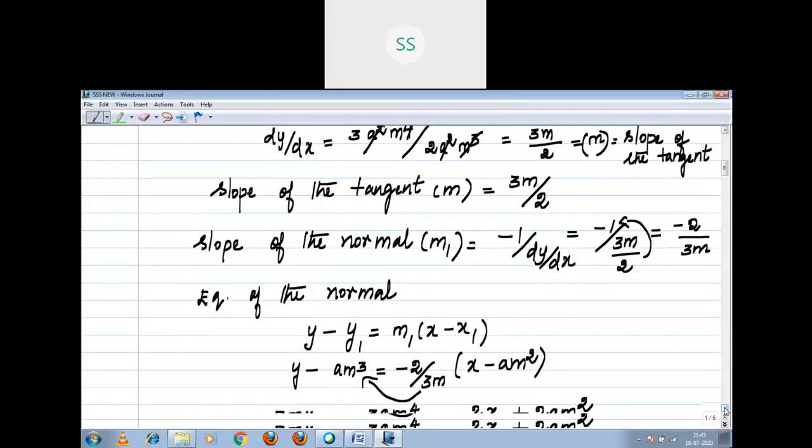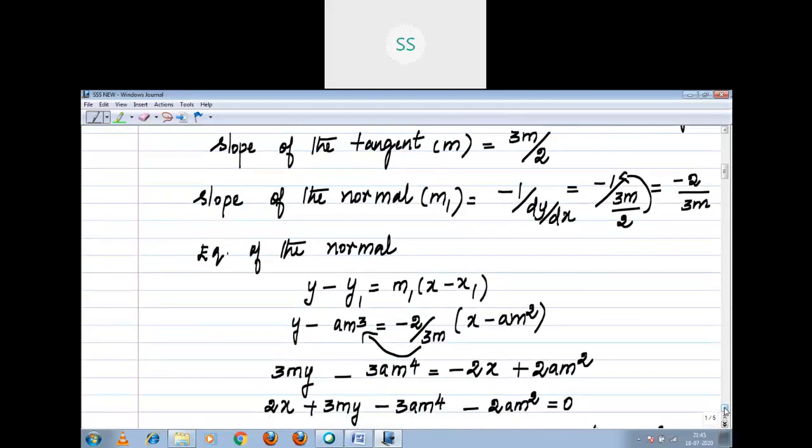Then using 3m you cross multiply, and you arrive at 3my − 3am⁴ = −2x + 2am². Then you shift all the terms to the left side. You arrive at 2x + 3my − 3am⁴ − 2am² = 0. It represents your equation of the normal. It looks like the general format ax + by + c = 0.